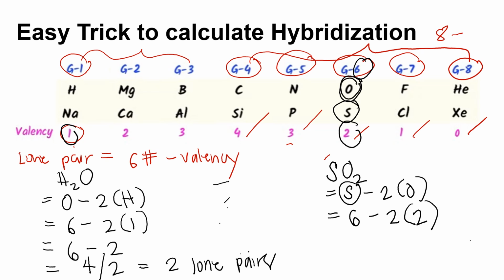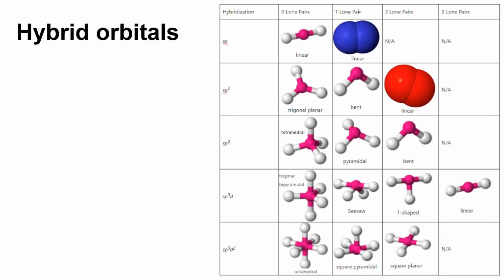So that is 6 minus 2 times 2, which is 2. Then 2 divided by 2 means that you have 1 lone pair for your sulfur dioxide. So that is how you get your number of lone pairs. Now let me quickly teach you the concept of hybrid orbitals.